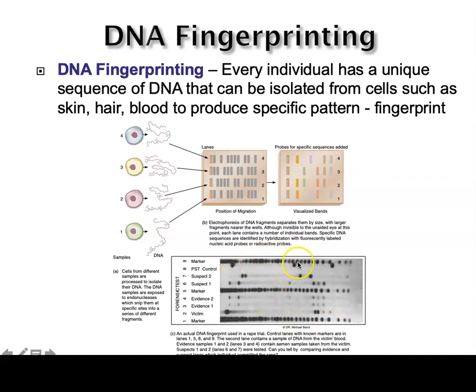These have pieces that are like controls; you know exactly how far they're going to migrate. Then you can put samples in there. In this sample, we have some evidence and some suspects, and you can compare them. They could say, okay, this is the evidence found at the crime scene, and does that match either of these suspects? You can see that it matches suspect number 1, for instance. And that gives you this extra piece of information.